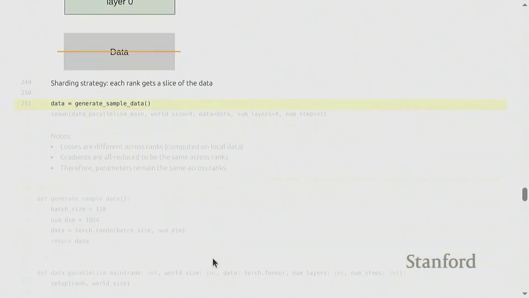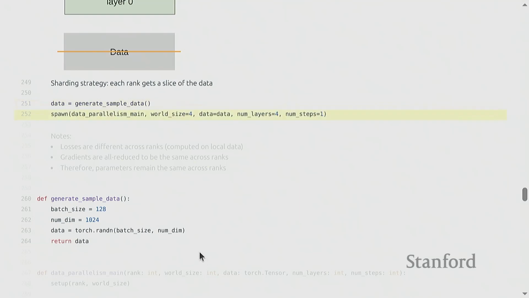Let's do an example. I'm going to generate some sample data with a batch size of 128, hidden dimension of 1024, and just random data. So I have batch size by number of dimensions, and I'm going to run this data parallel algorithm, or DDP.